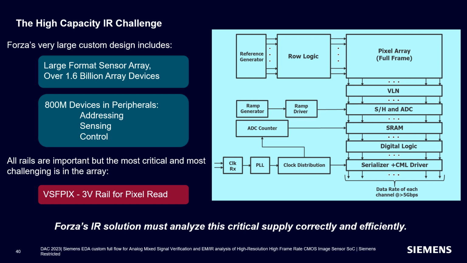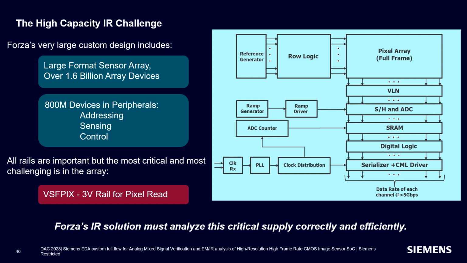On top of the large number of transistors, the sheer physical size of the sensor is huge, with the width being 8.5 centimeters and height 10 centimeters. This presents a high capacity IR drop analysis challenge for any EMIR simulator.